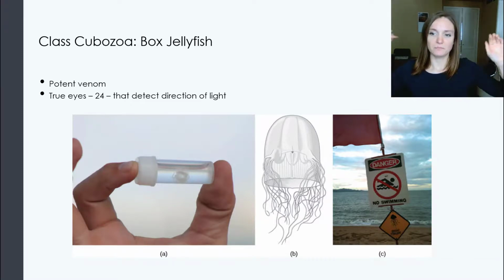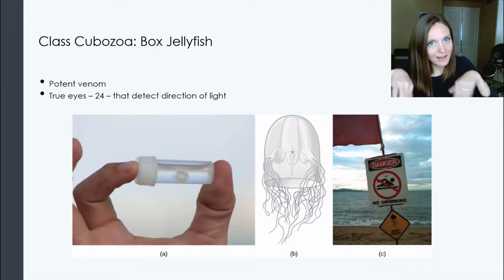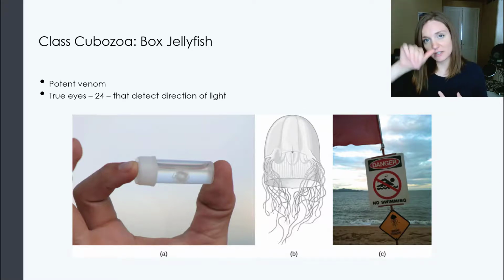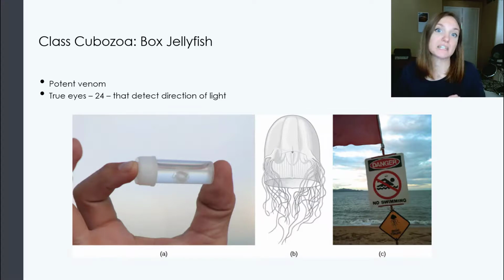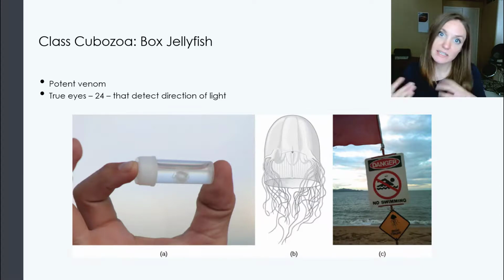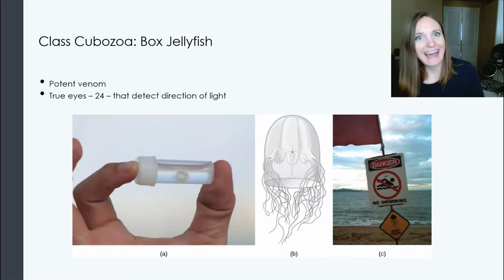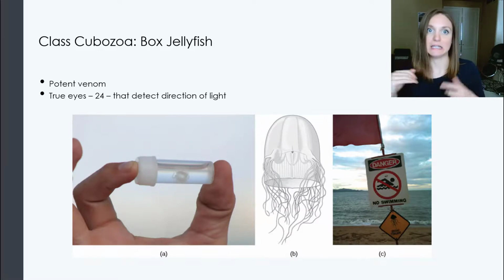They have them around the cube of their body, and that gives them information as to whether something is moving around them, potentially blocking the light, or what direction the light is coming from. So this allows for a little bit more complex behaviors with these box jellies than we see in other cnidarians, because other cnidarians don't necessarily have this ability to detect light.